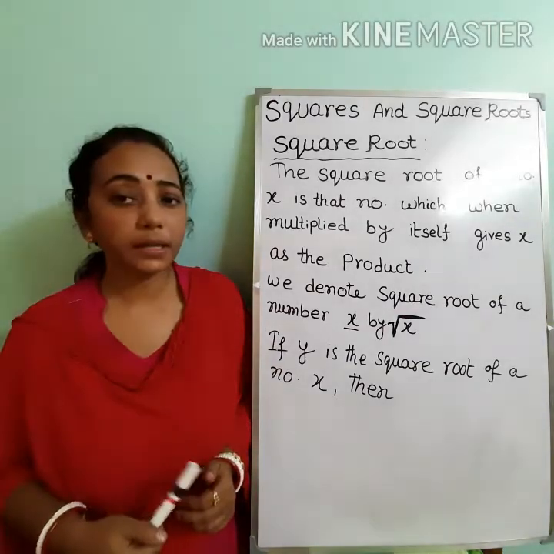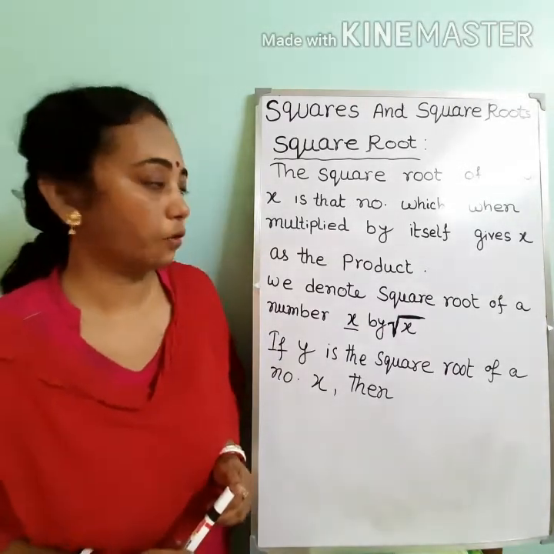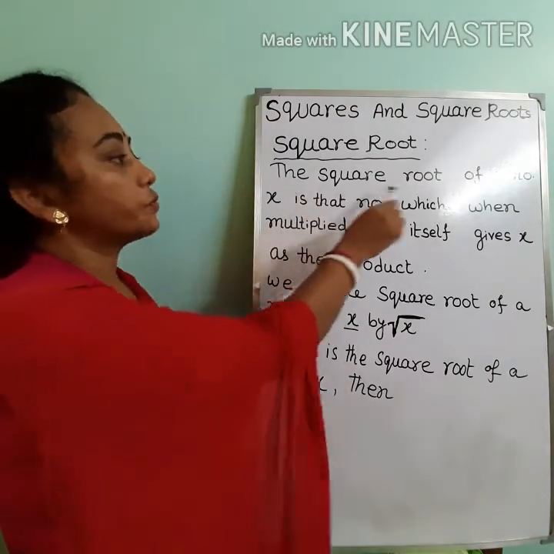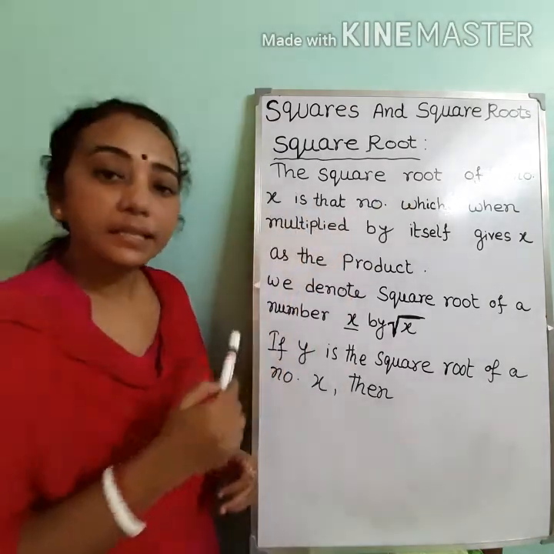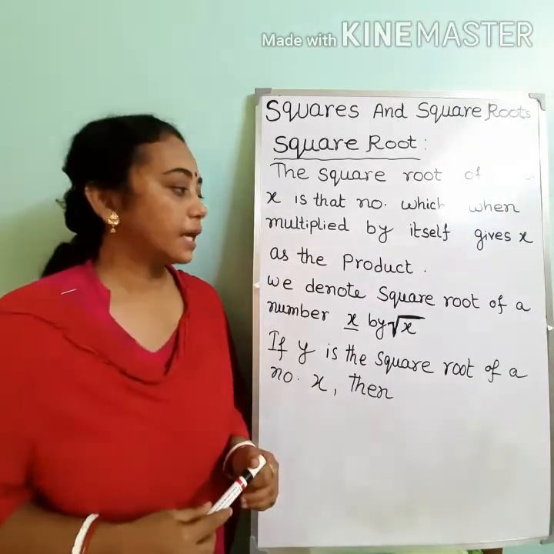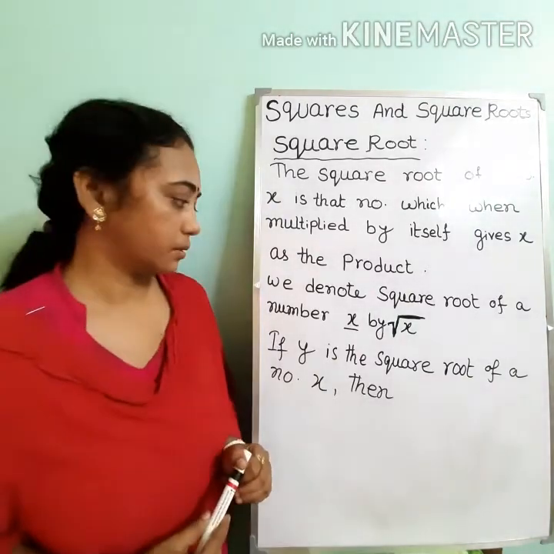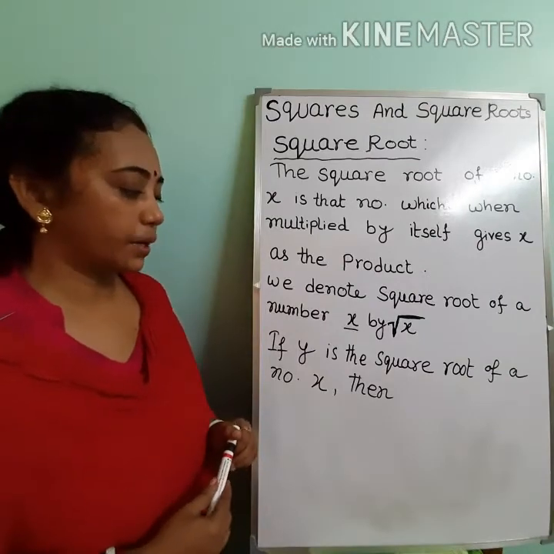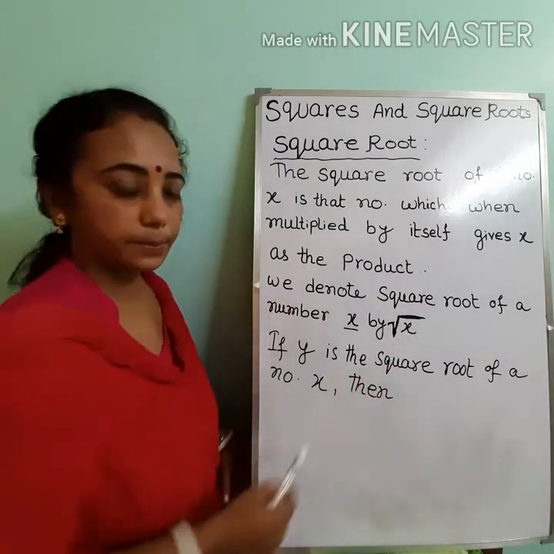Let us see the definition of the square root of a number. The square root of a number x is that number which when multiplied by itself gives x as the product. We denote the square root of a number x by under root x.